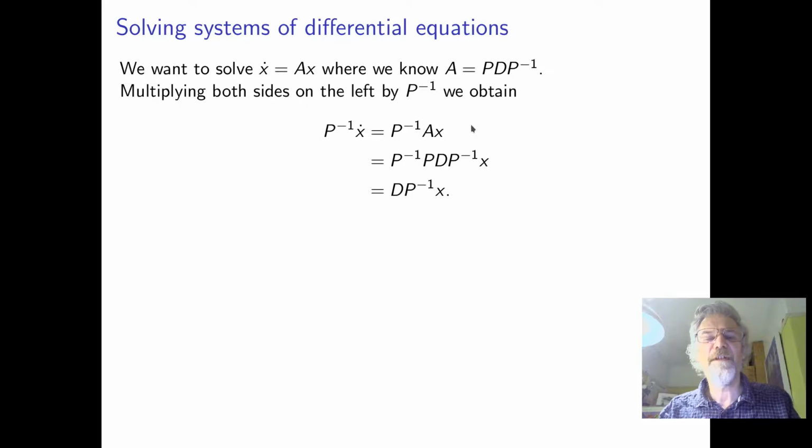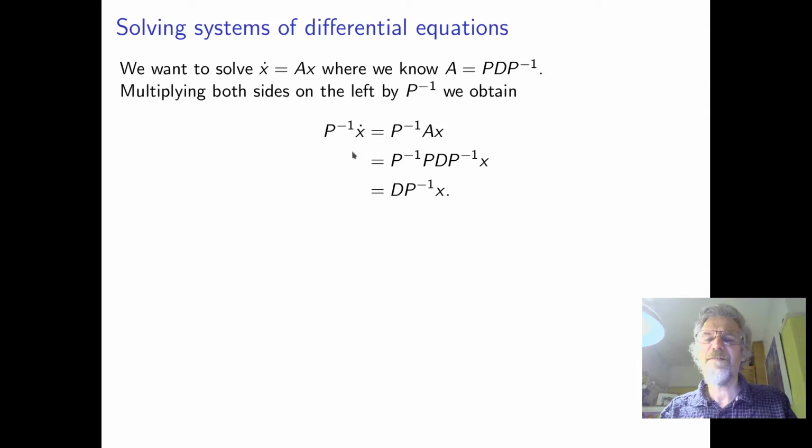So how do we do that? Well, how does diagonalizing the matrix help? Suppose we know that A is P D P inverse. Then if you take the differential equation x dot equals Ax and multiply by P inverse on the left, then A is P D P inverse by definition, and so cancelling out the P and the P inverse, P inverse x dot is D P inverse x.